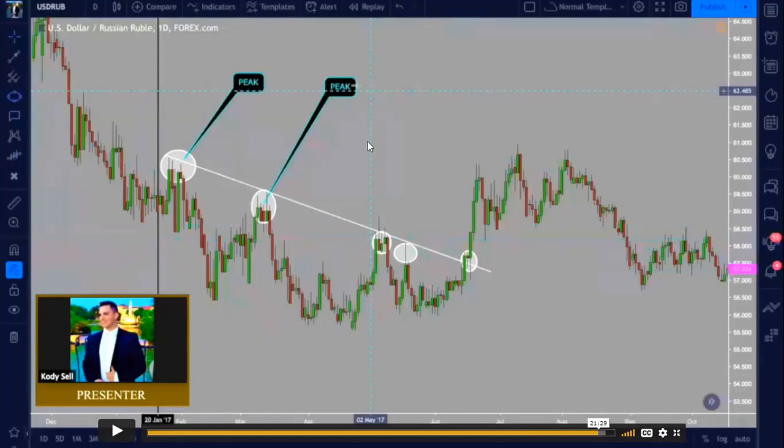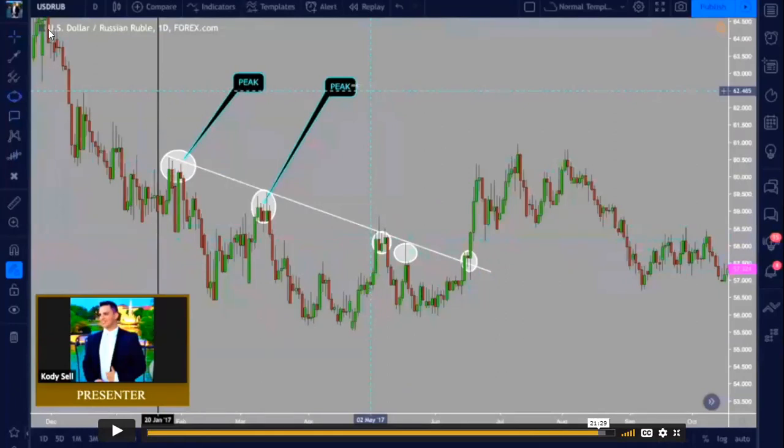You see where this turquoise dotted line is in the middle of my screen? Uh-huh. So we're going to say that this is where price is currently, right? So that means that none of this over here on the right-hand side of my screen has happened yet, okay?